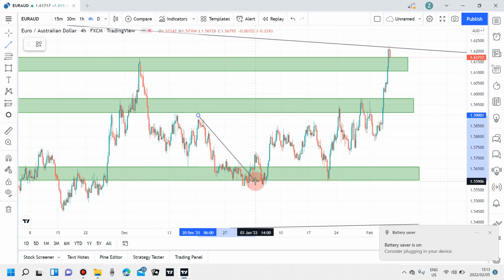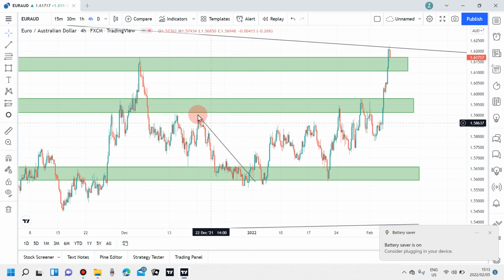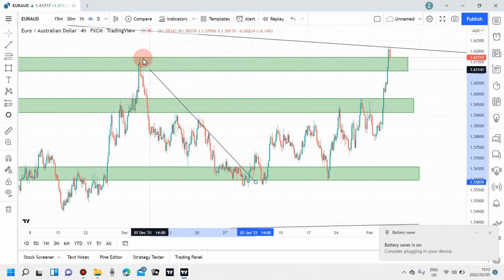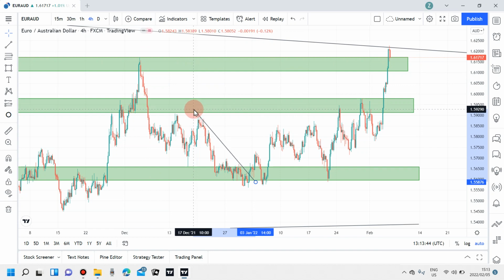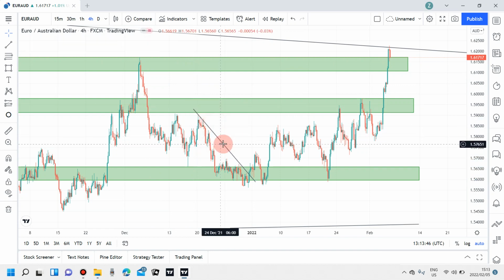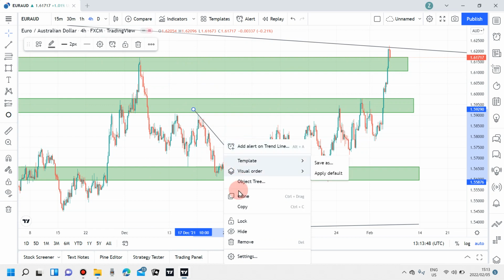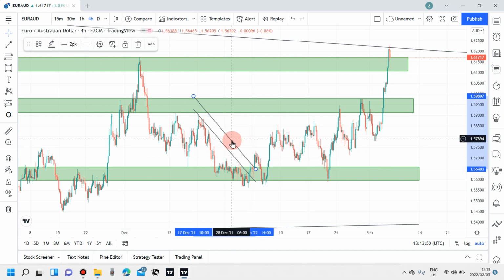So I'm gonna analyze what the market gave me, and what the market is giving me. So guys, as you can see, the market gave me this nice downward momentum.